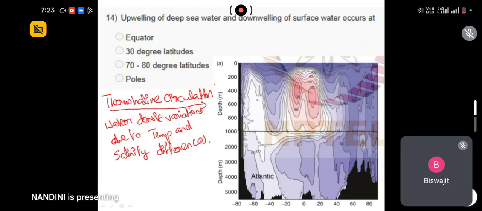The surface waters become denser and sink, and the deeper waters come to the surface of the ocean. So the thermohaline circulation is mostly seen over the high latitude regions, like mostly 70 to 80-degree latitudes, I guess. This is the answer: 70 to 80-degree latitudes.